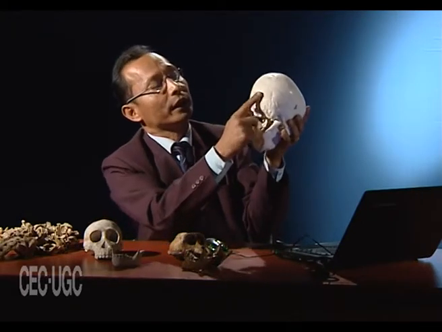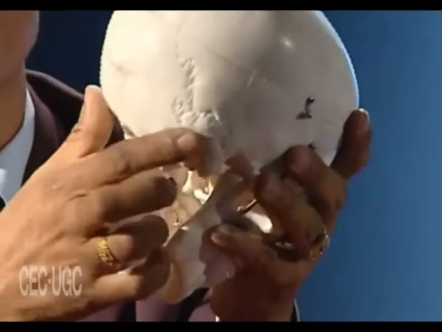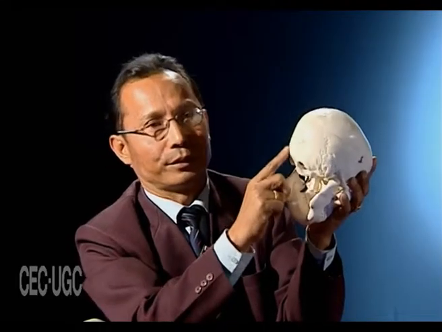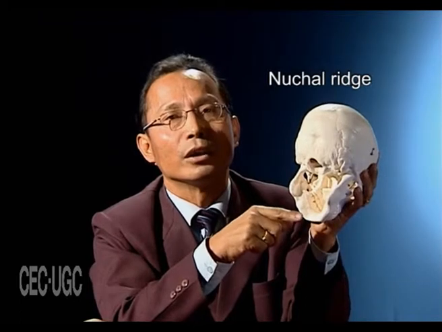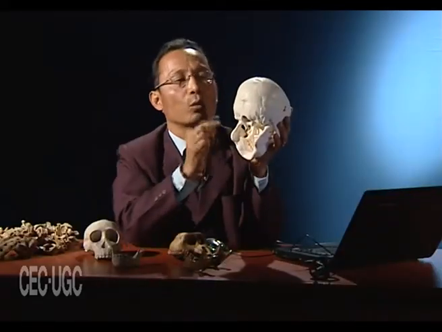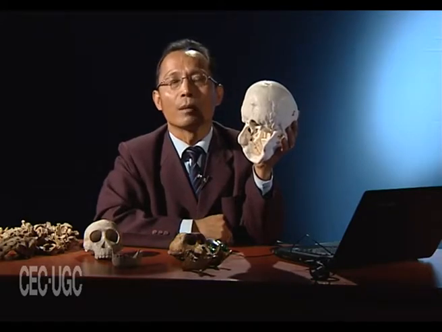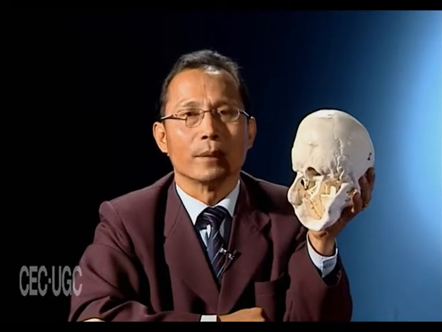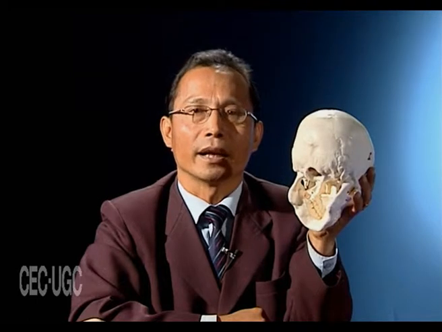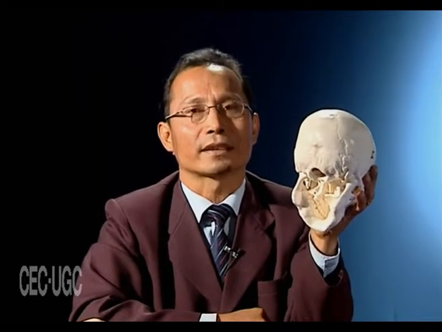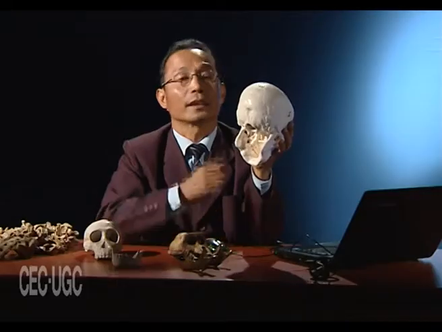Then you see, here we can see a rough ridge. This is called the axial ridge. What is this for? This is simply meant for fastening the muscle which arises from the neck. Why fastening? So that the head doesn't droop down like this.